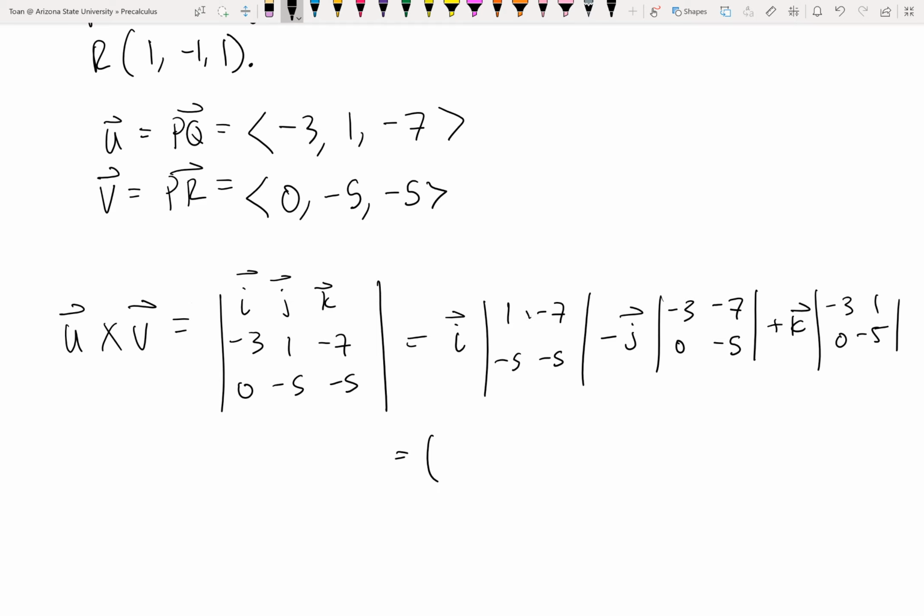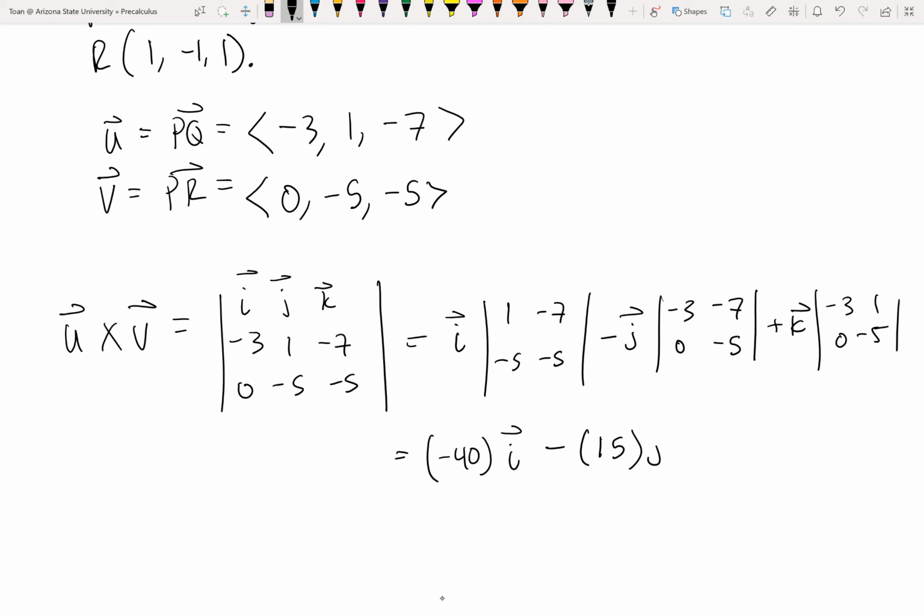So crisscross subtract, so we get -5 minus 35. -5 minus 35 is -40. Minus, so this is 15 minus 0, so that's easy, that's 15.